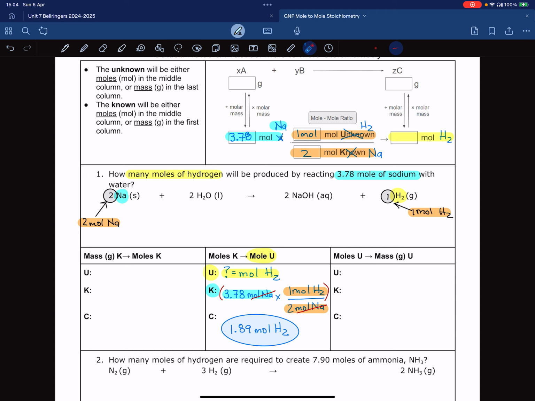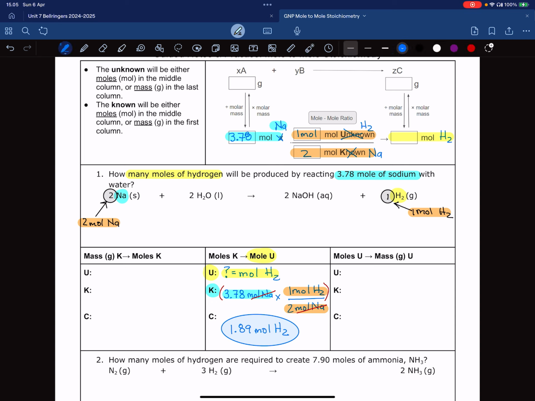Basically it's pretty simple. 2 sodium will give you 1 hydrogen, so 3.78 sodium will give you half of that, 1.89 hydrogen.